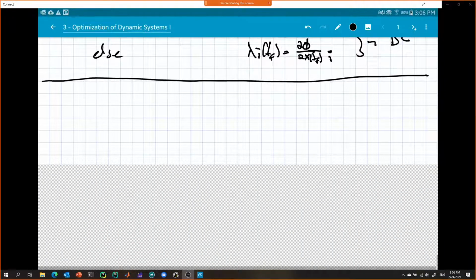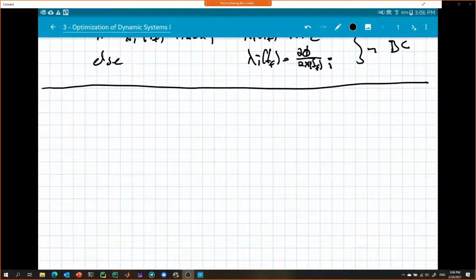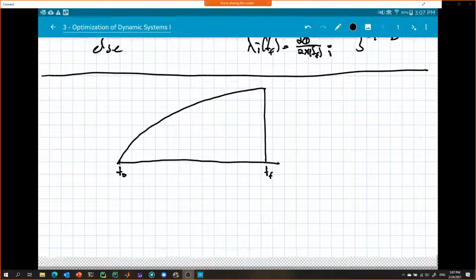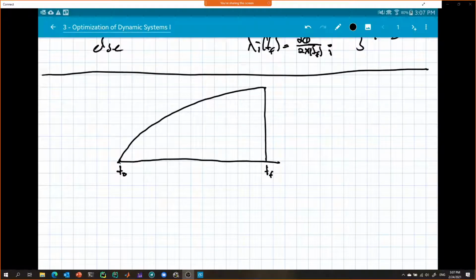This one's actually kind of cool because this isn't what you normally think of as a dynamic system. Picture that we have some nose cone, some shape here. You would probably think of this as some kind of distance, but to keep things consistent, let's make this time, t. It's an independent variable.